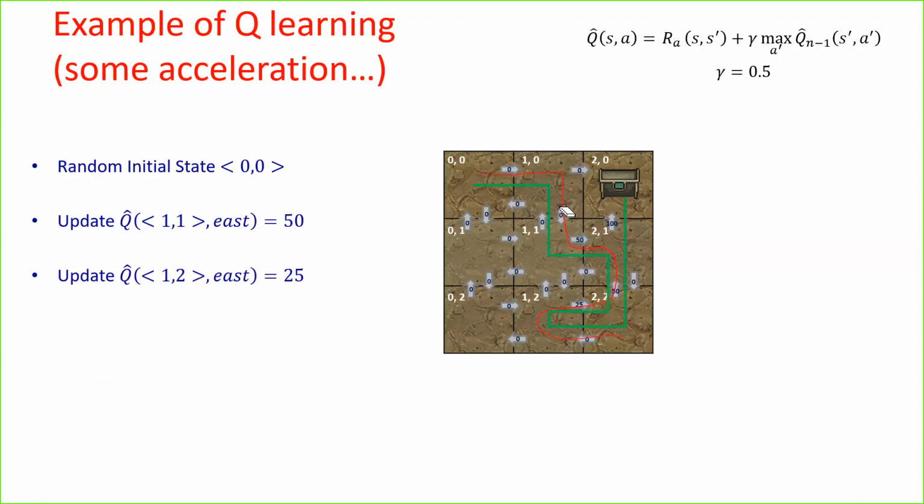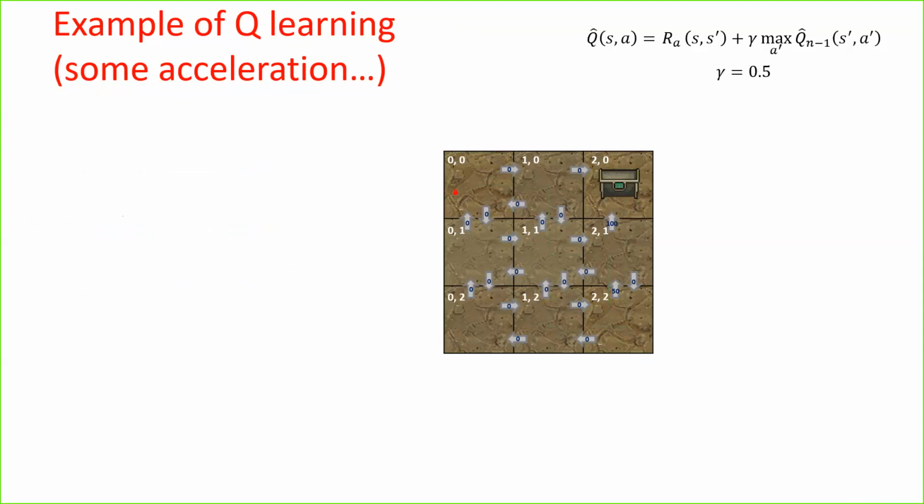So we'll see what these updations are. Let the agent start at 0, 0. I'll just move to the previous slide. So far we only know that this is 100, this is 50. These are the only updated values. Do you remember the path? I forgot actually. This is the path.